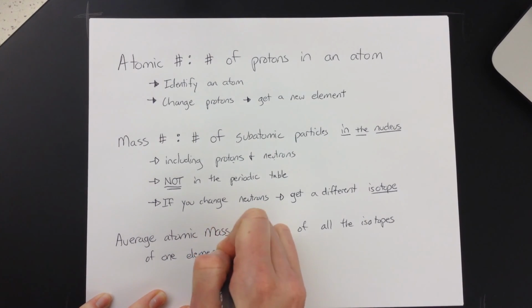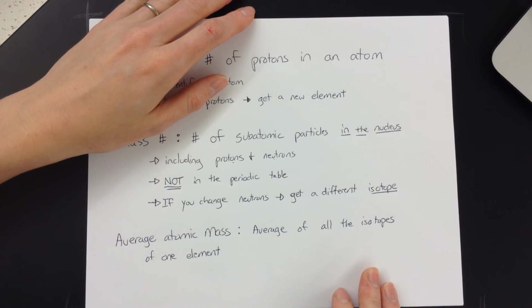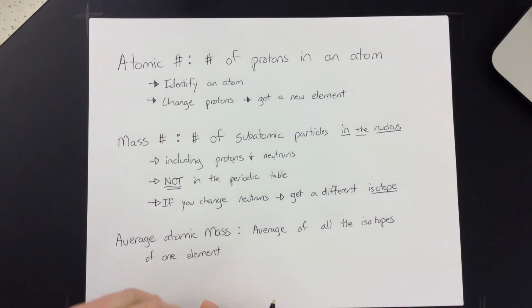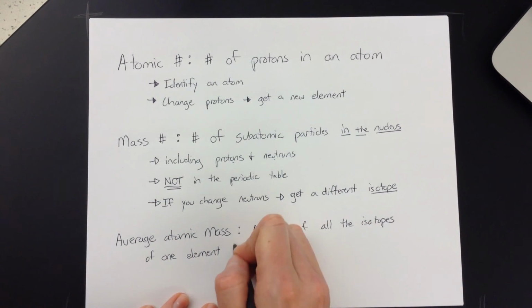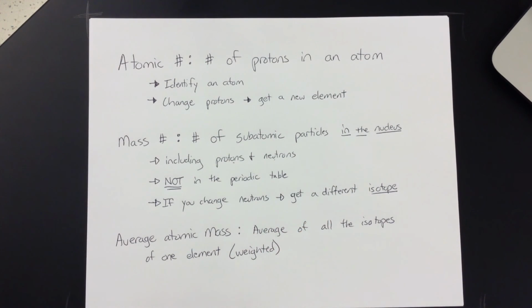We'll talk about how to calculate the average atomic mass in another video. But basically, different elements have different isotopes, and if you average up all the different ones that you could have, it's a weighted average. We should note that down, it's a weighted average. Then you'll have the average atomic mass that's in the periodic table.